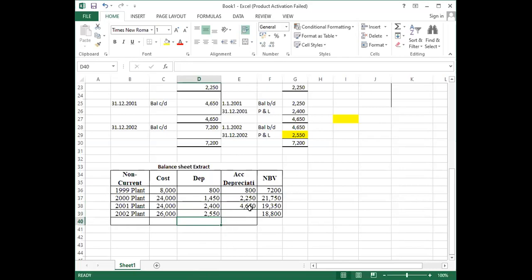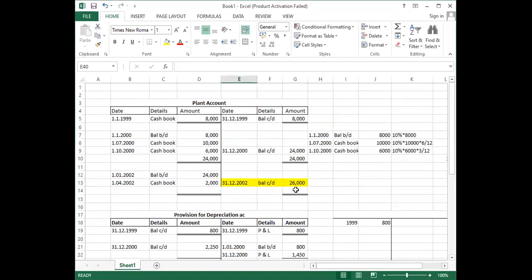So what will be the accumulated depreciation? It will be 4650 plus 2550, which I expect to be 7200. Is that clear?